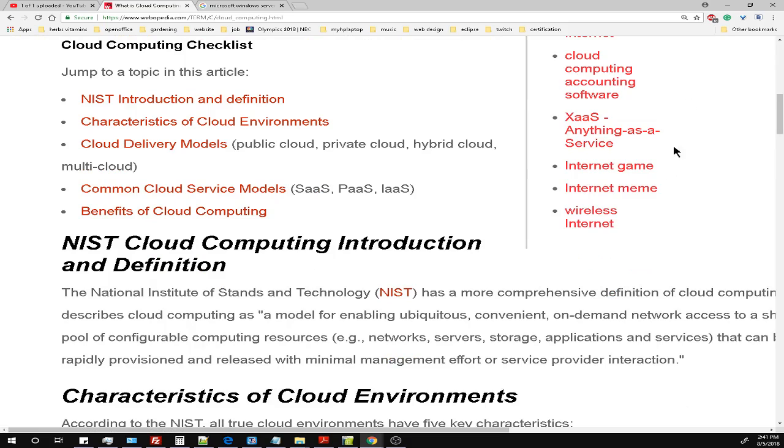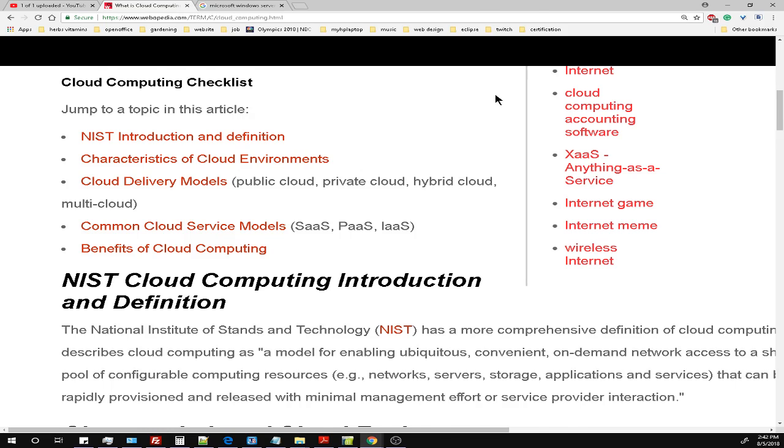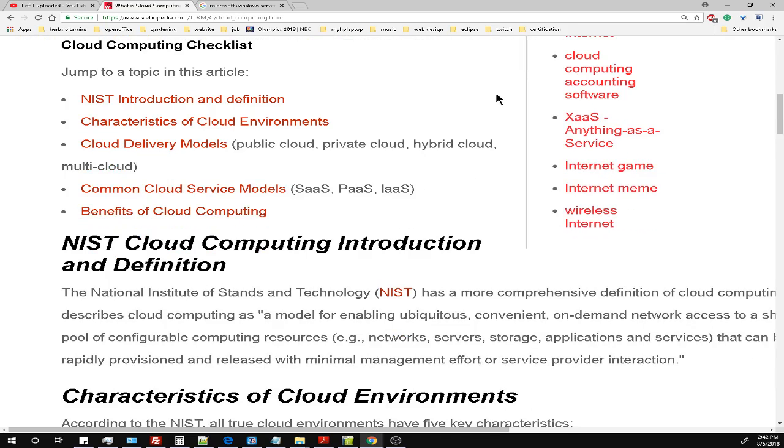Anyways, so cloud computing checklist. When you start doing your research and so forth, this is really how it goes. You start to look something up, or you start to study something, and then you're just bombarded with a ton of information.